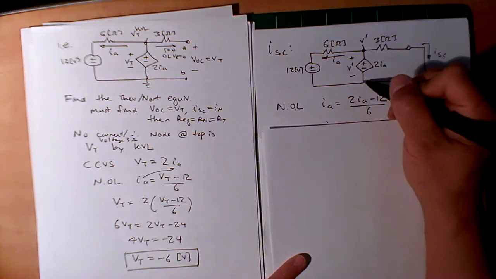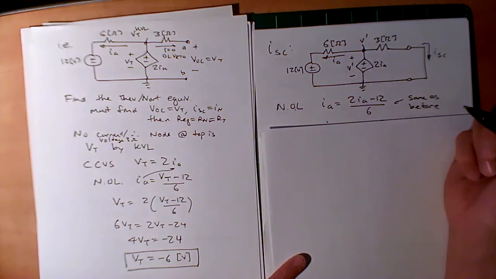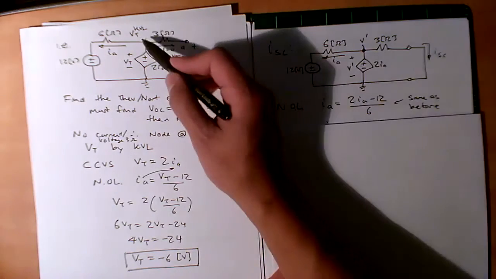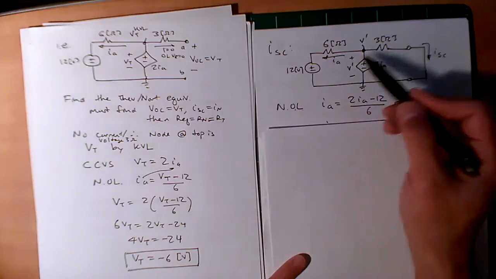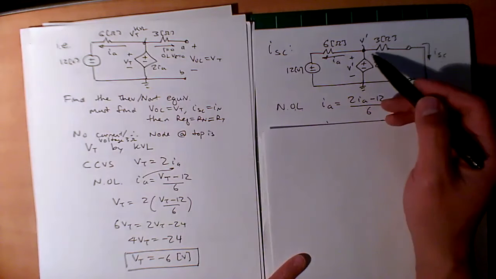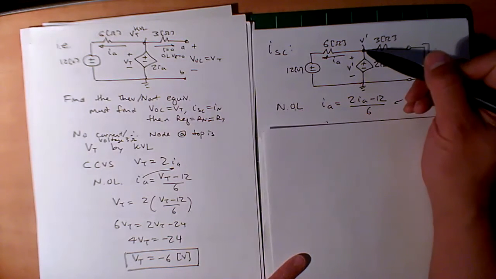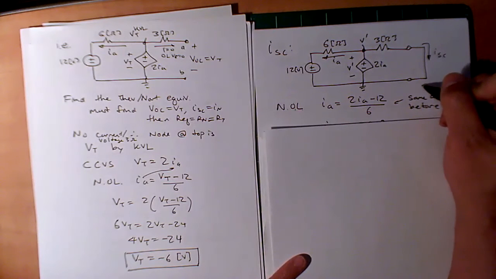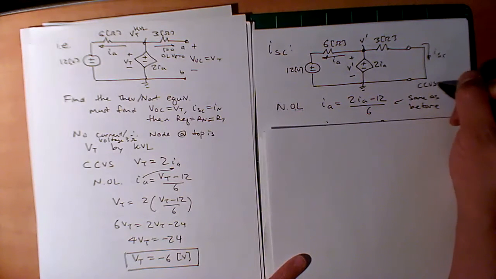You see how this is the same, and I can put a little ground here. Notice I'm calling this V prime here, but I called it VT on here. This is no longer VT. There's no concept of VT on this side. So I have V prime over here, which is equivalent to V prime over here. And by the current controlled voltage source, I have V prime equals 2IA.